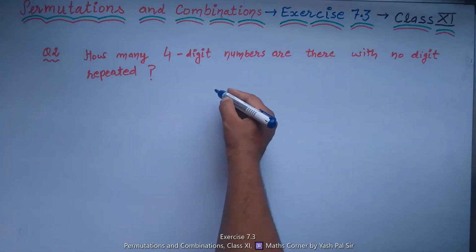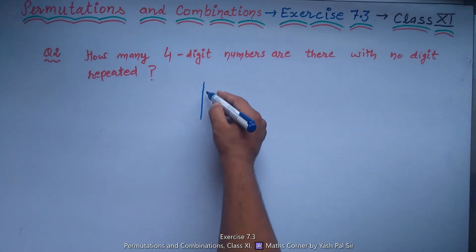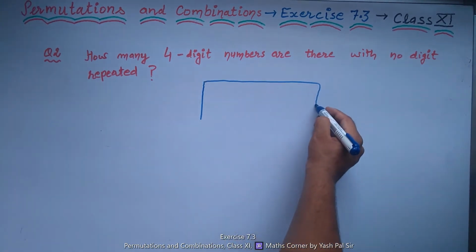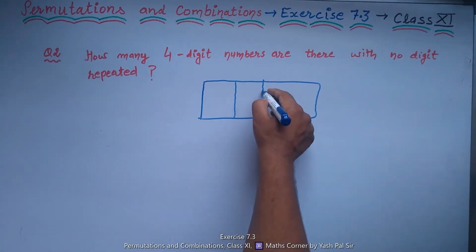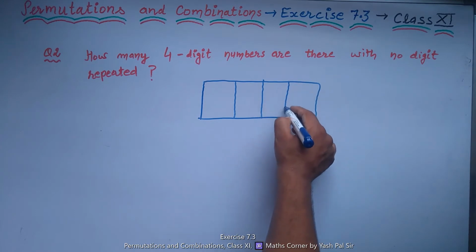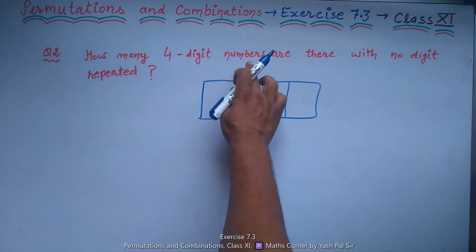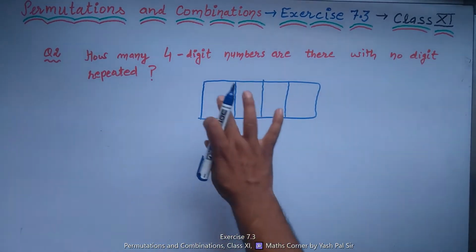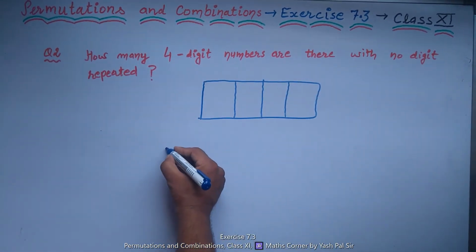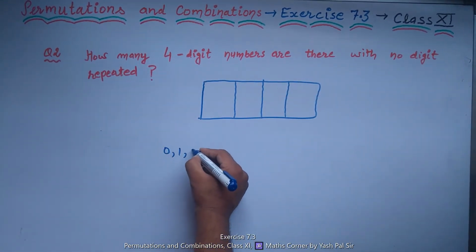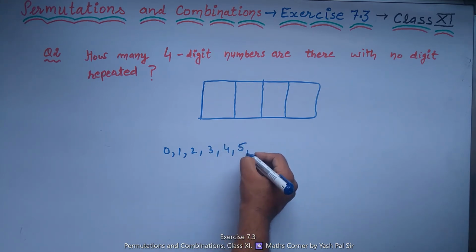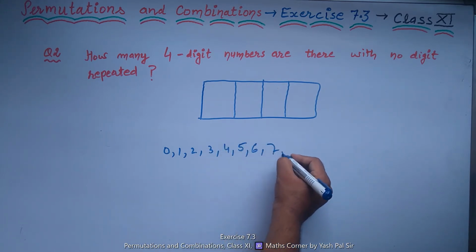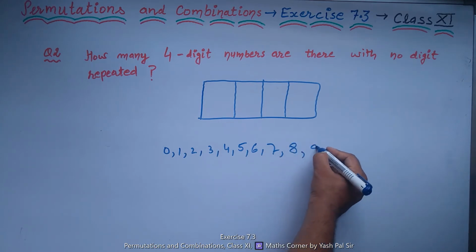So first of all, for a 4-digit number, we have 4 boxes. Okay, and we have the digits 0 1 2 3 4 5 6 7 8 9.